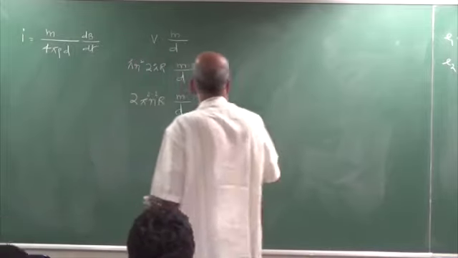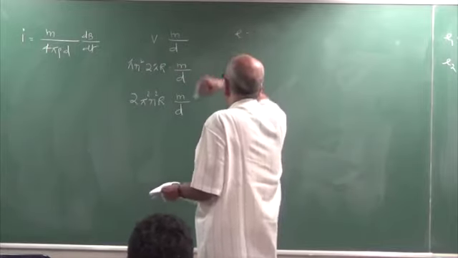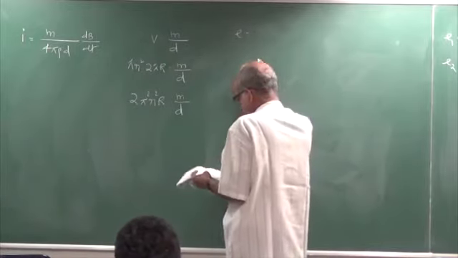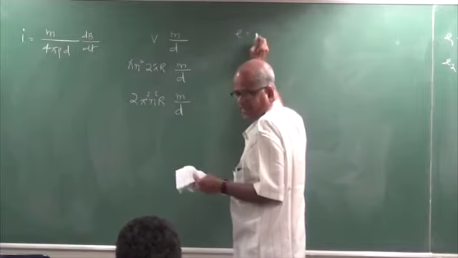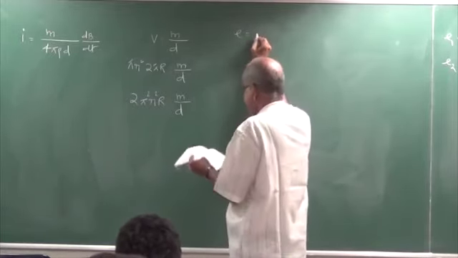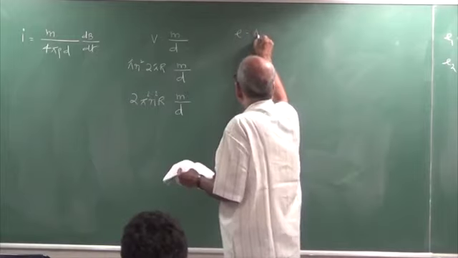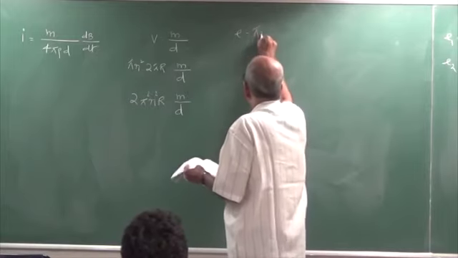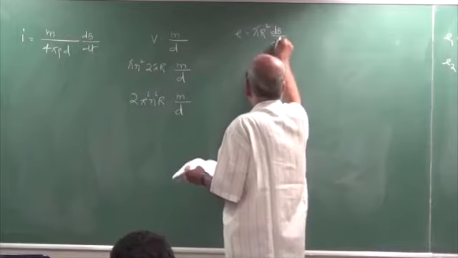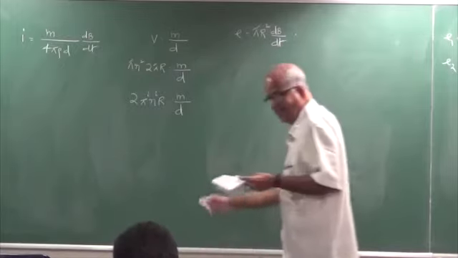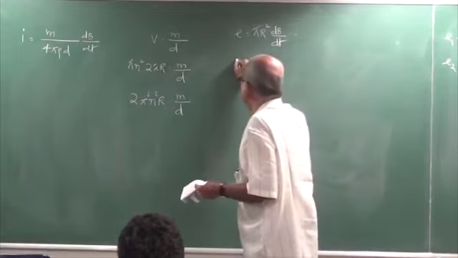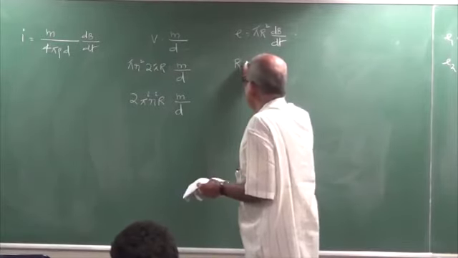Now what is induced EMF? Induced EMF is d by dt of B dot A, which is d by dt of BA. Here the area is not changing. What changes is the field. Will you agree? This is the induced EMF. What is the resistance?